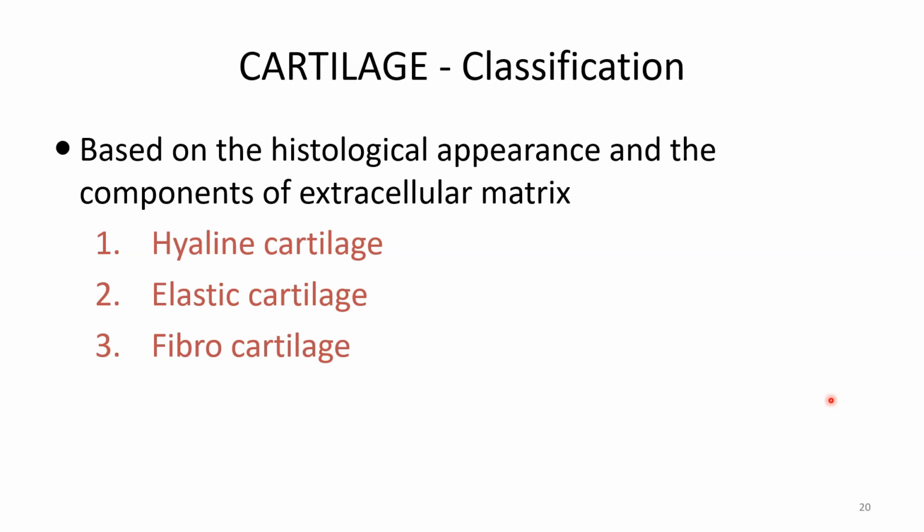In elastic cartilage, the elastic fibers are there. In fibrocartilage, the collagen fibers are there. Hyaline cartilage has got its name from its appearance. Hyalos means glossy, so because of the transparent appearance, it is called the hyaline cartilage.